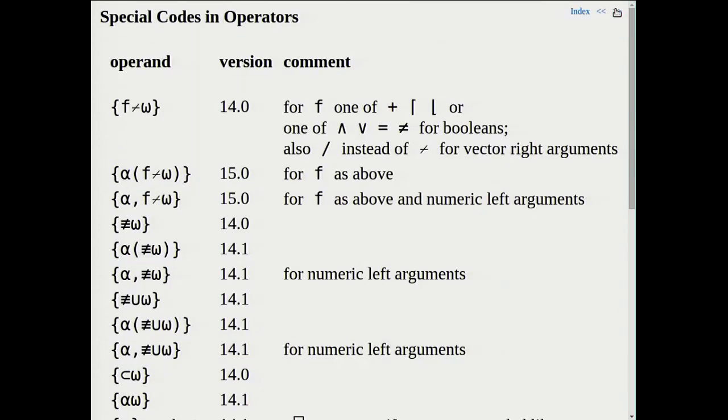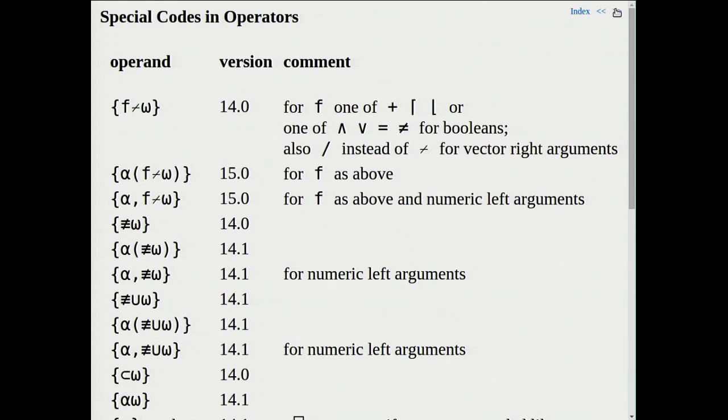So the next technique is special code for operators. Now, operators like the key operator have potentially an infinite number of cases, but only a very few of them are useful.